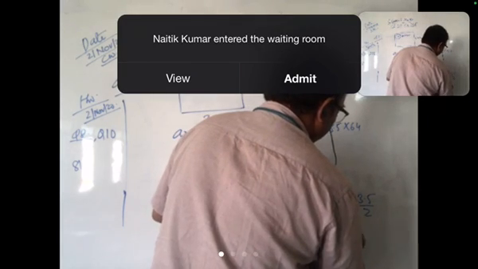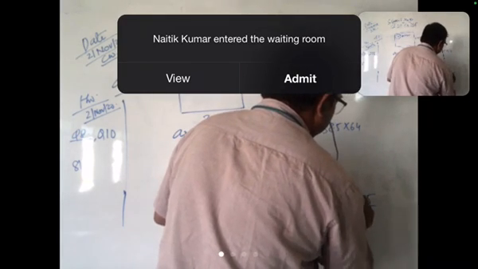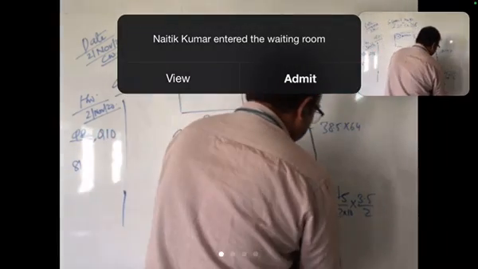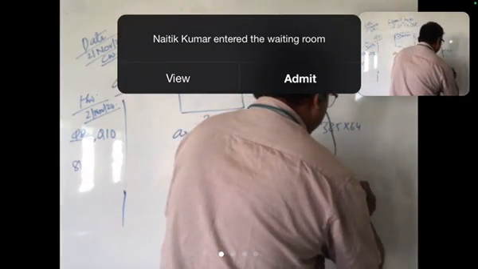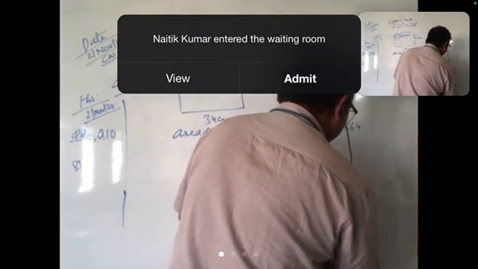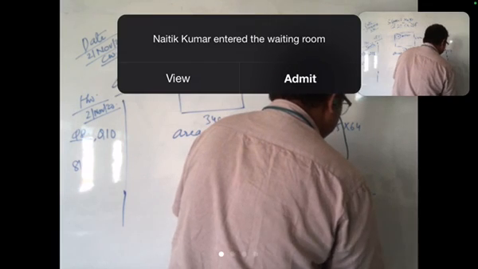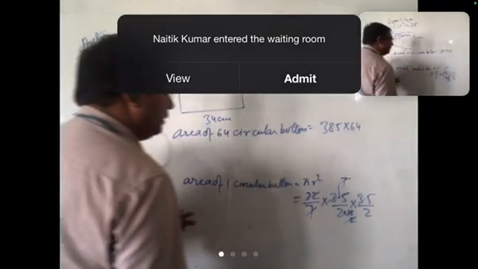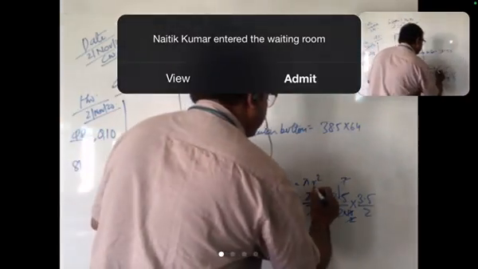I'm telling you now, do it the same way. There is no problem, you just change the number only. Okay, wait. So it will be 7 and 2, 7 is cancelled, and 2 here is cancelled, 11.